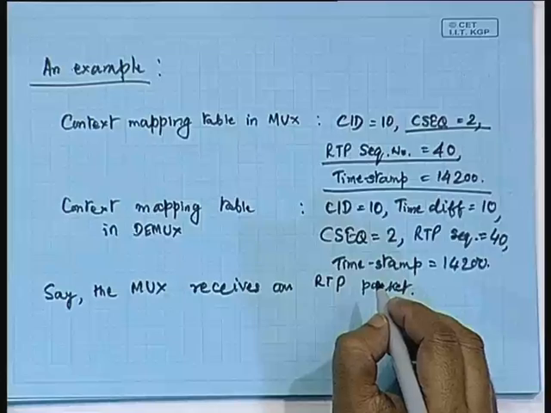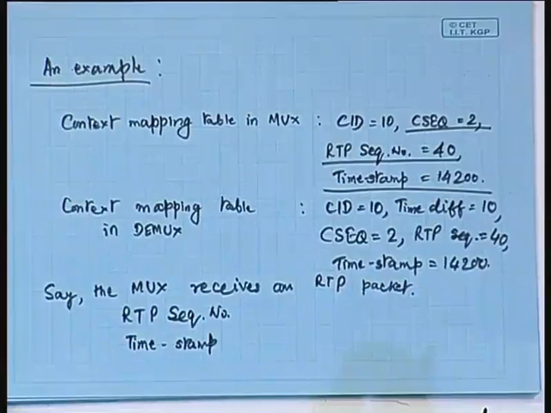The RTP packet contains the RTP sequence number and the RTP timestamp. But when the multiplexer has to send this information to the demultiplexer, it has to perform header compression, and in order to do that it has to derive what the C sequence value is.